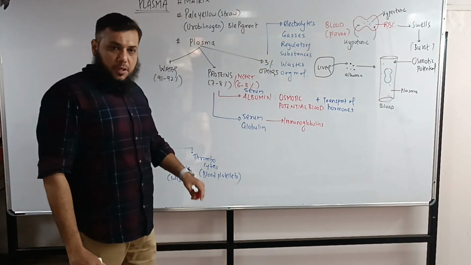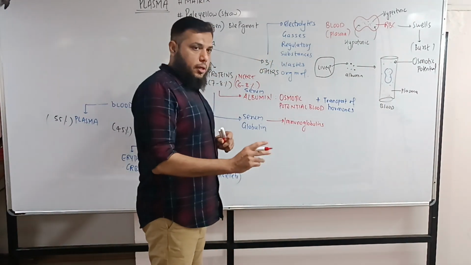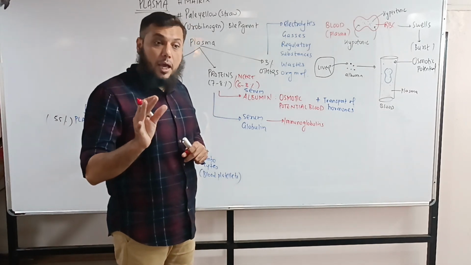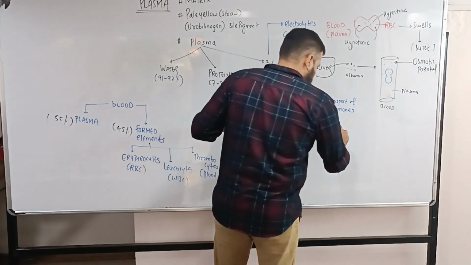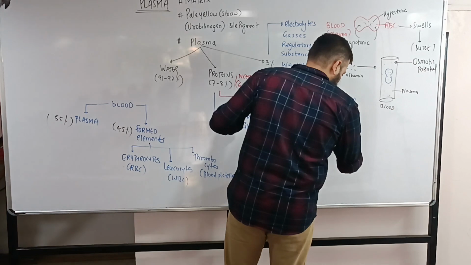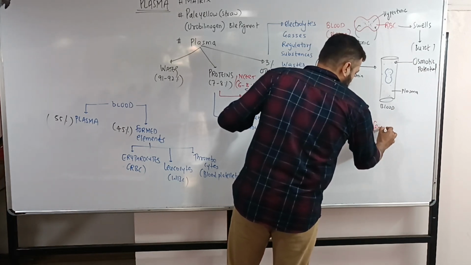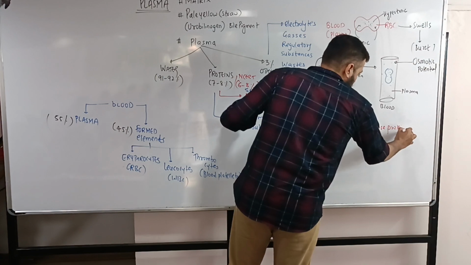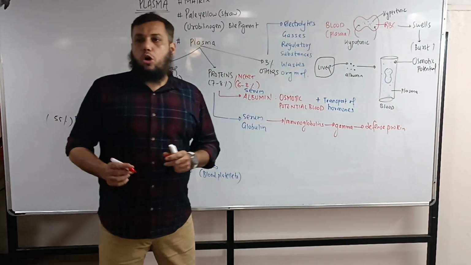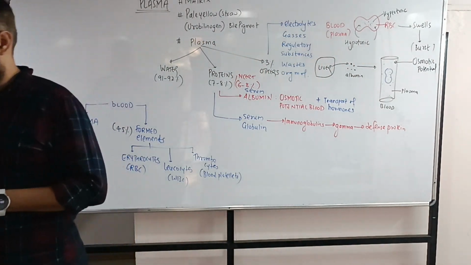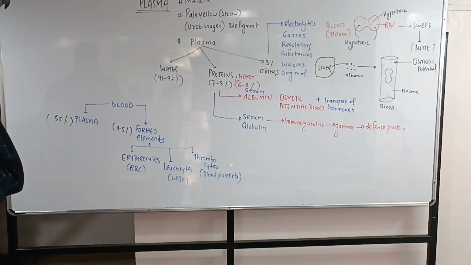They have different types: alpha, beta, gamma. Gamma is a defense protein, which is commonly called antibody. It helps to fight infections.